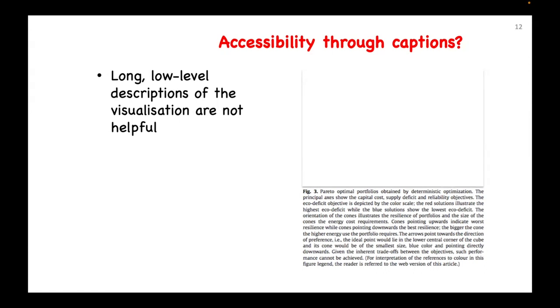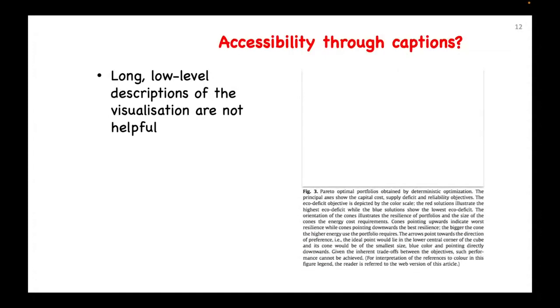Cones pointing upwards indicate worst resilience, while cones pointing downward, the best resilience. The bigger the cone, the higher the energy use the portfolio requires. The arrows point towards the direction of preference, i.e. the ideal point would lie in the lower central corner of the cube and its cone would be of the smallest size. Blue colour and pointing directly downwards. Given the inherent trade-offs between the objectives, such performance cannot be achieved. For interpretation of the references to colour in this figure legend, the reader is referred to the web version of this article.